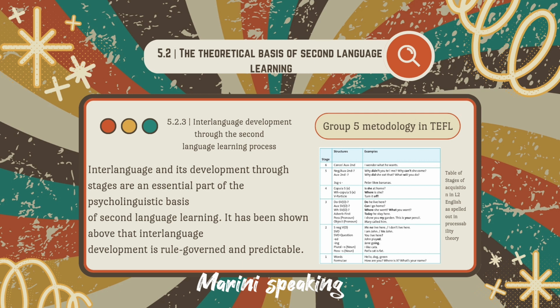Psycholinguistic basis. This stage of acquisition forms the psycholinguistic basis of L2 English development and outlines the acquisition of procedural skill and the sequence in which they become available for the learner.